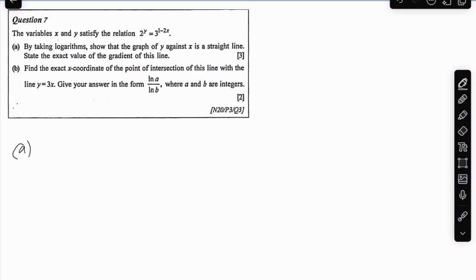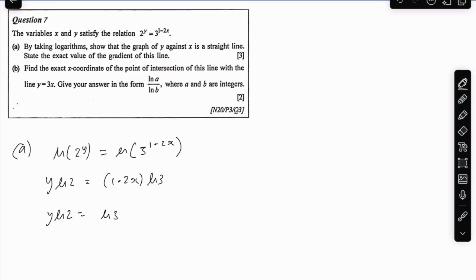First thing I'm going to do is take ln to both sides. So ln of 2 to the y equals ln of 3 to the 1 minus 2x. Brilliant. So now we've got y ln 2 is equal to 1 minus 2x ln 3, which means that y ln 2 is equal to ln 3 minus 2x ln 3.